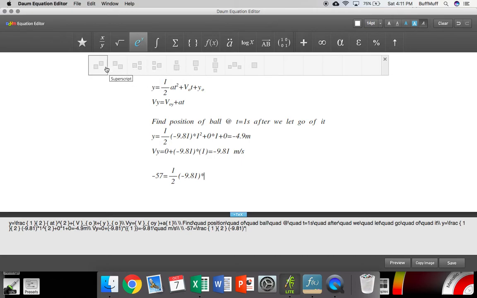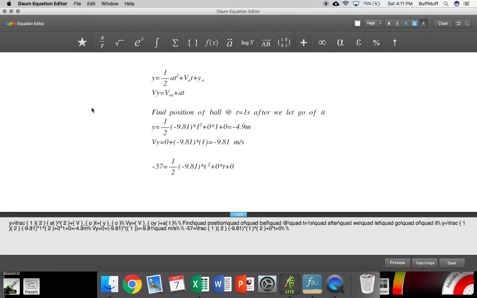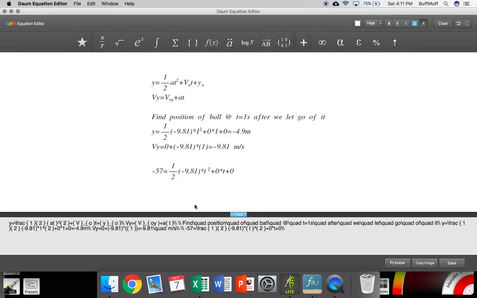So I can say time squared plus v0, my initial velocity, which is 0, times t, plus my original position, which is 0. This makes the equation very simple. So these two things disappear, and we get minus 57 equals one half, I'll just put it as 0.5, times negative 9.81 meters per second squared times the time squared, right?